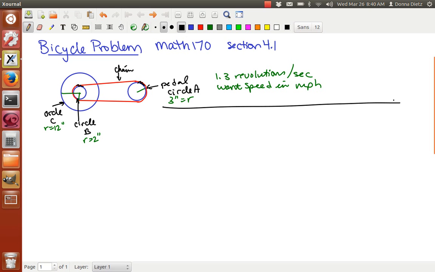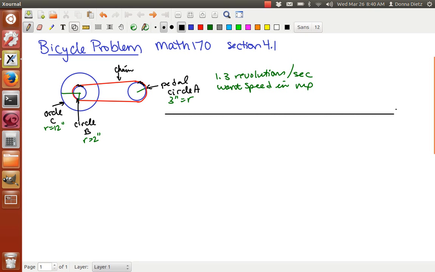First of all, you need a little bit of insight. You have to make mental note that the angular speed for circles B and C are equal, right? It has to be the case because it's on the same circle.